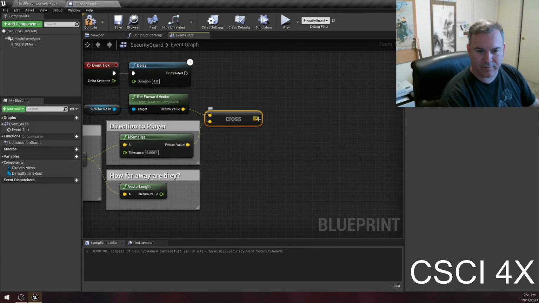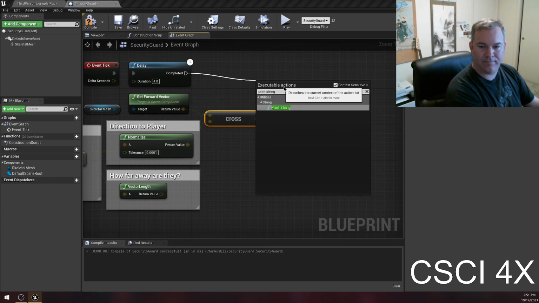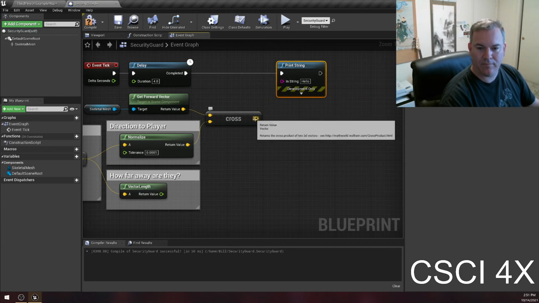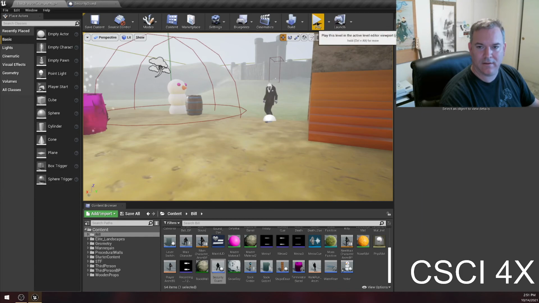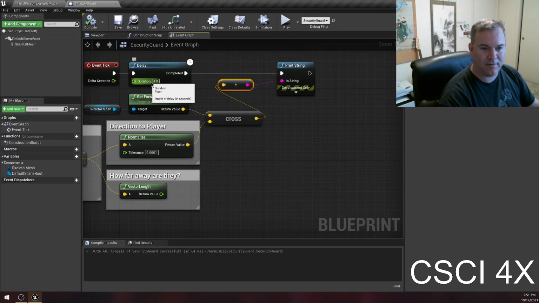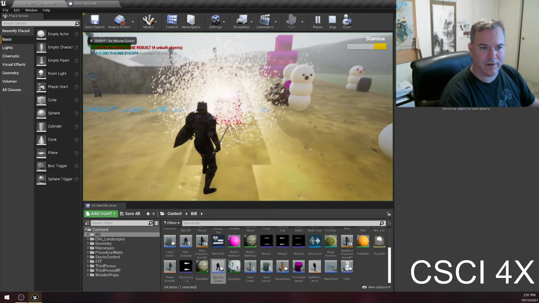So let's output the cross product. I think I know what to do here. Print string. So every tick, every 4 seconds, I'm going to up it to every second. So every second it's going to print out the vector of the cross product.